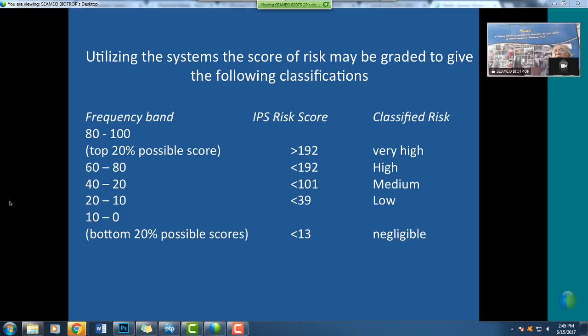But if the score is less than 39, the risk will be low, and lower than 13, the risk is negligible. And then there is the score of the risk.